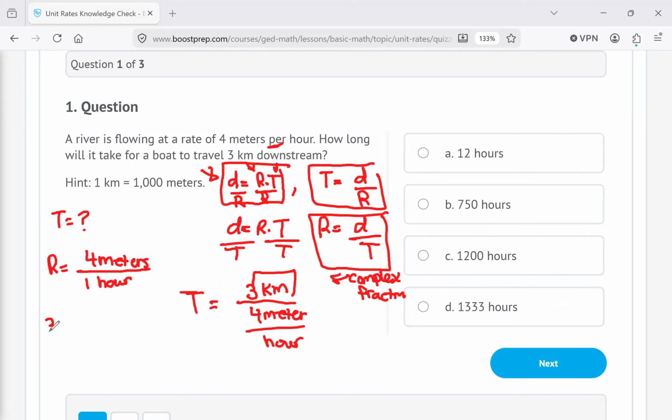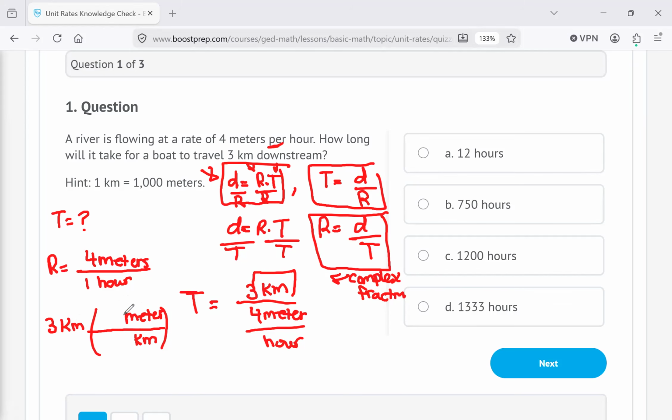It's kind of like chemistry, stoichiometry. You start with 3 kilometers, write out parentheses and a divide sign. To get rid of kilometers, you put kilometers on the bottom, and then the desired unit, which is meters. Then you use the hint: what is the relationship between meters and kilometers?